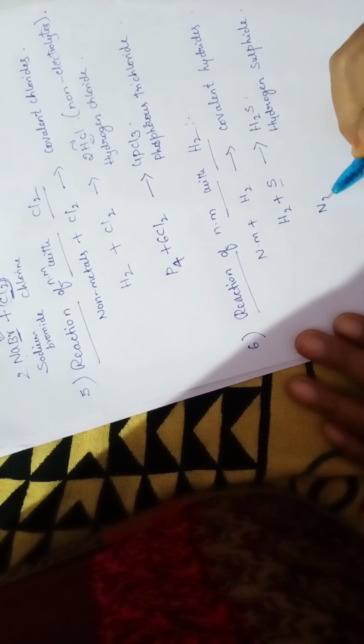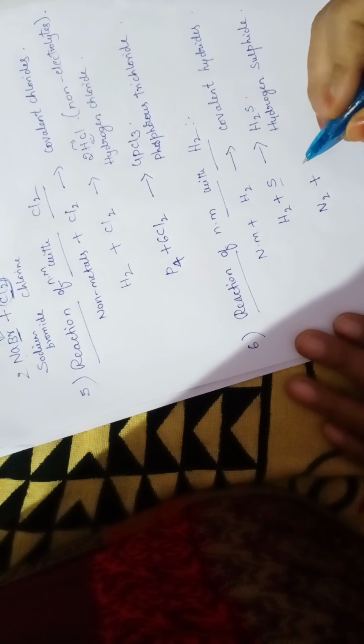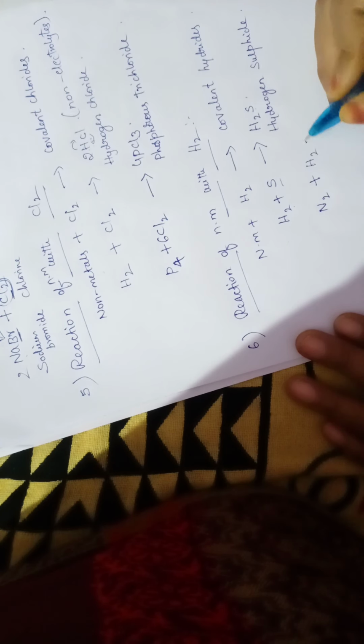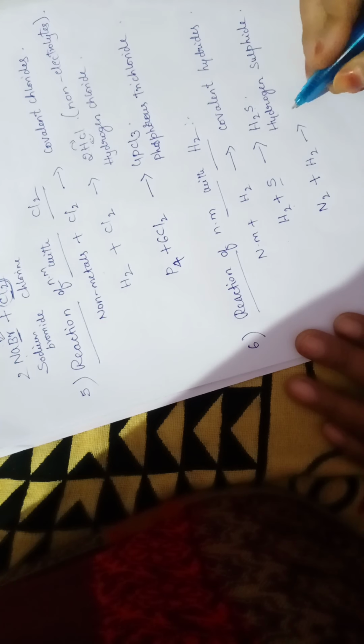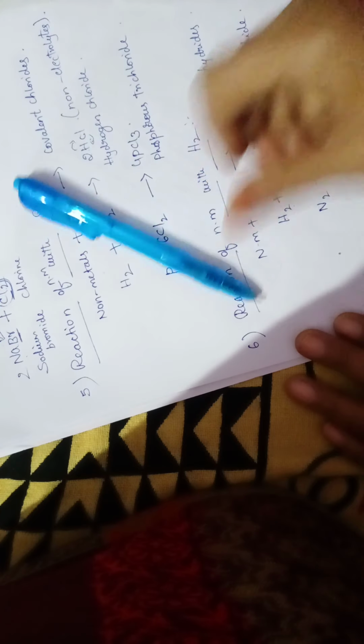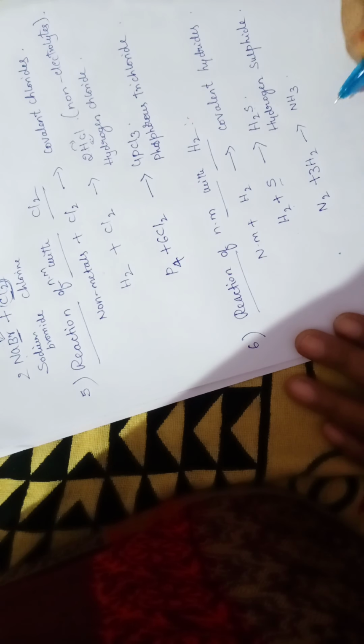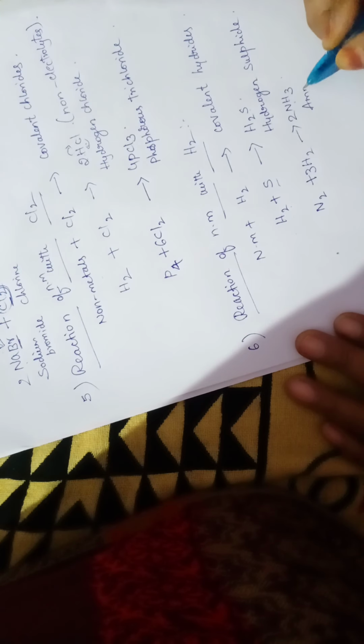Even nitrogen reacting with hydrogen, finally you will get ammonia. Balancing it, you get N2 plus 3H2 giving 2NH3, and its general name is ammonia.